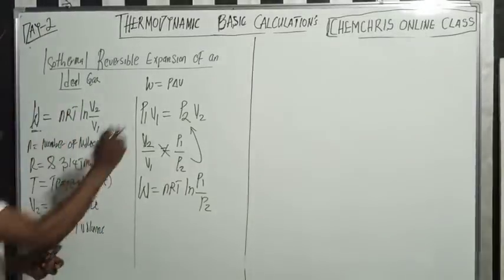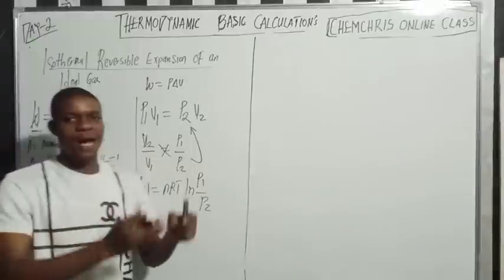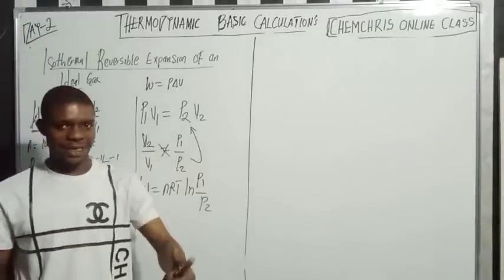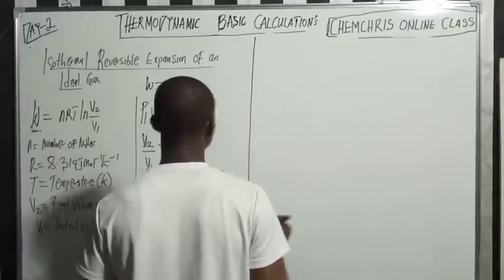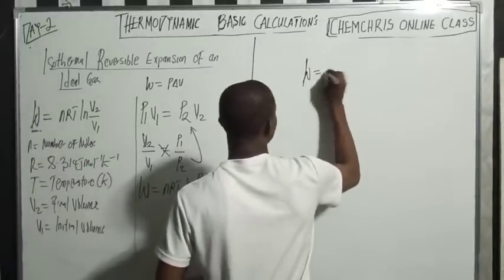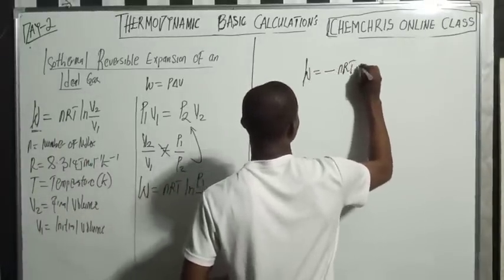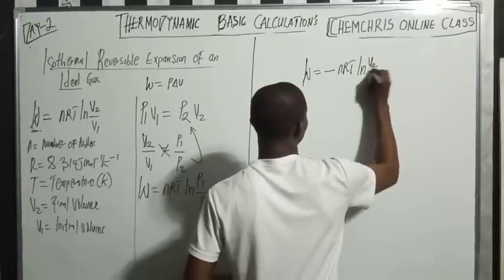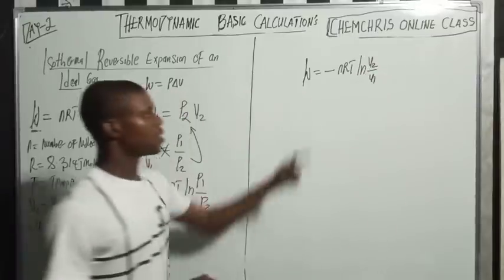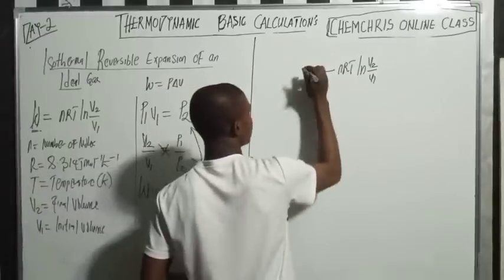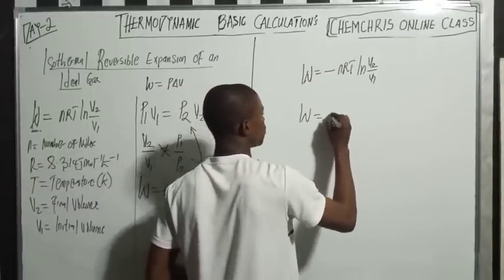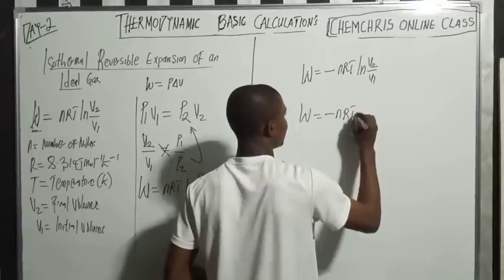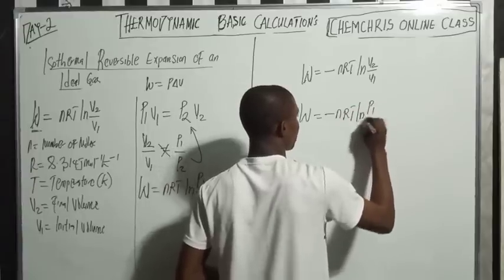Now, but we are talking about expansion. Remember, in expansion, W is always negative. Do you understand? So when I talk about expansion here, W equals minus nRT ln V2 over V1, right? Then W equals minus nRT ln P1 over P2.